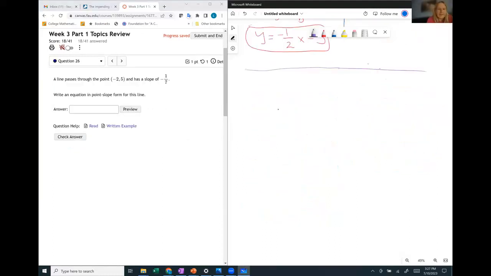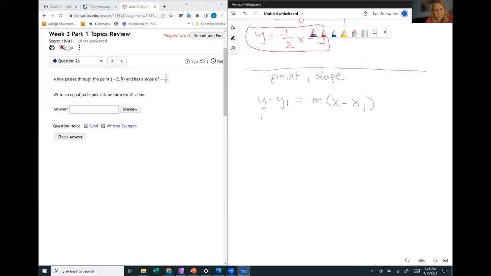So we have a line that passes through that point and has a slope of negative 1/7. So since I have a point and the slope, I can use point slope, which is exactly what they're saying. Write the equation in point slope. Okay, so we have y minus y1 equals m times x minus x1.